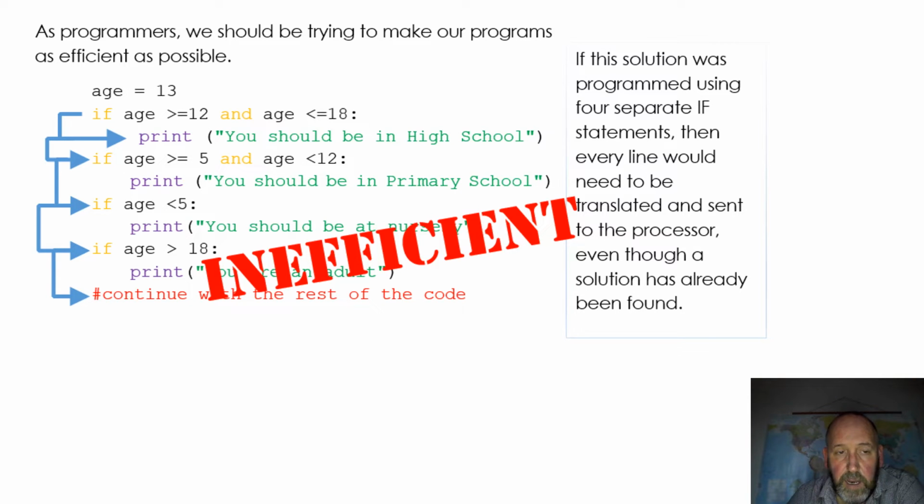As we say here, every line here will be translated through the processor, and that is inefficient. So we use the if, else method, because as soon as it gets an agreement, the program jumps to the rest of the code.